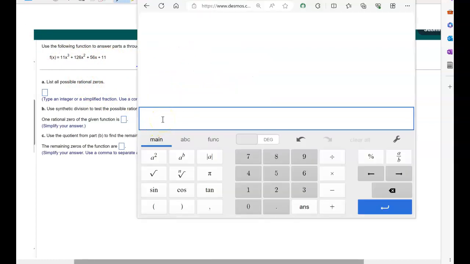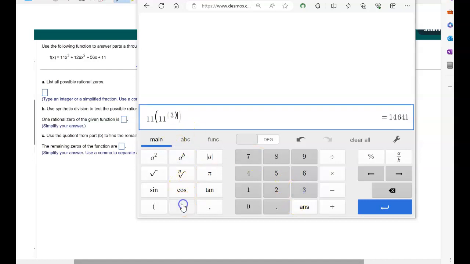So this is your Desmos Scientific Calculator. So you will have 11 and then your x. So x is, say for instance, we pick 11, the hard one. So you have 11 and then cube. So for cube, you press that and then 3 and close it.